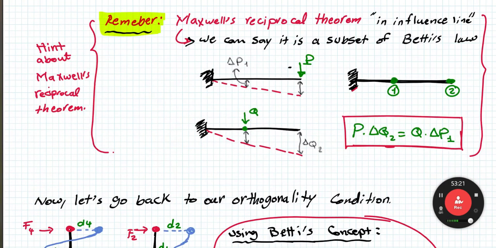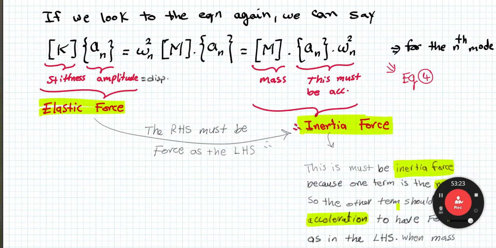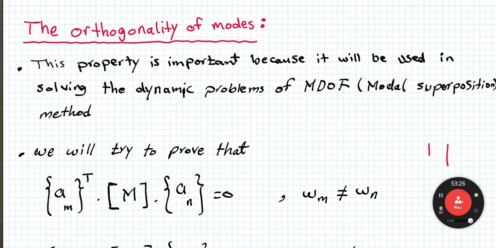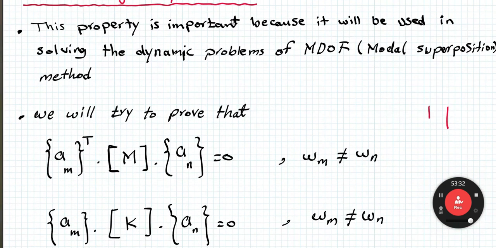I'm going to recap what I have said in this video because I think it's really important for us. We need the property of orthogonality for a specific reason, which is related to the dynamic problem solution for multi-degree of freedom systems using the modal superposition method.